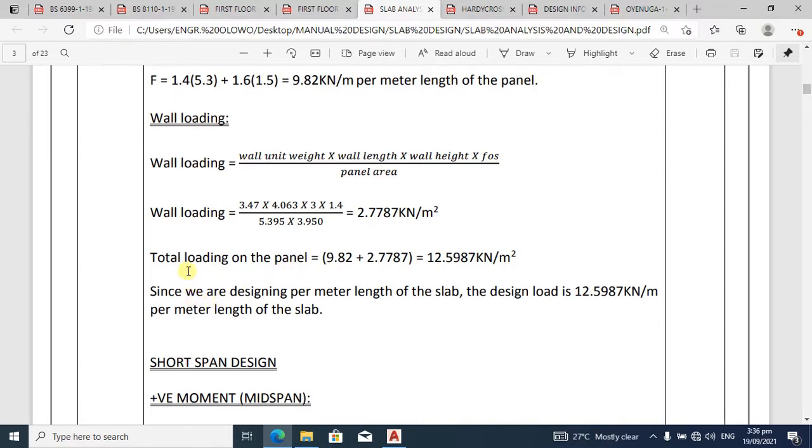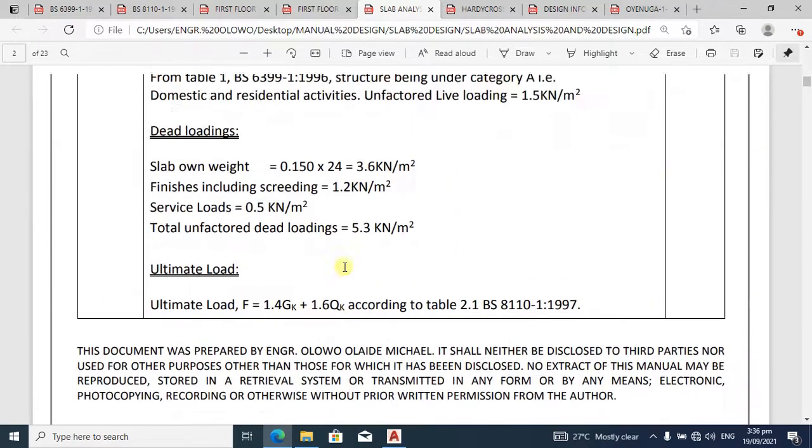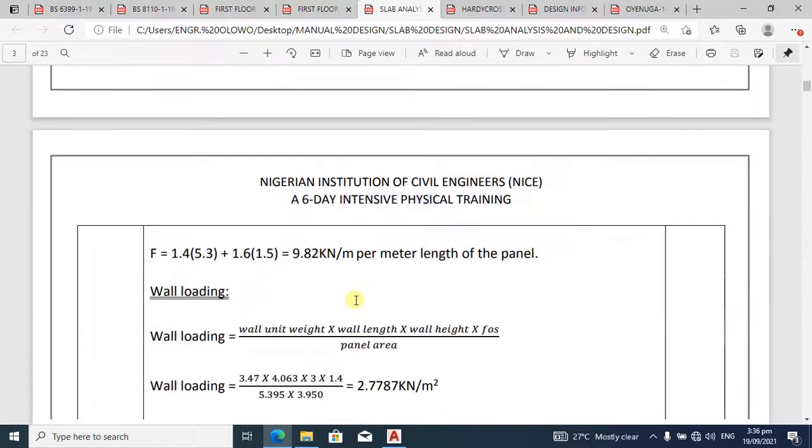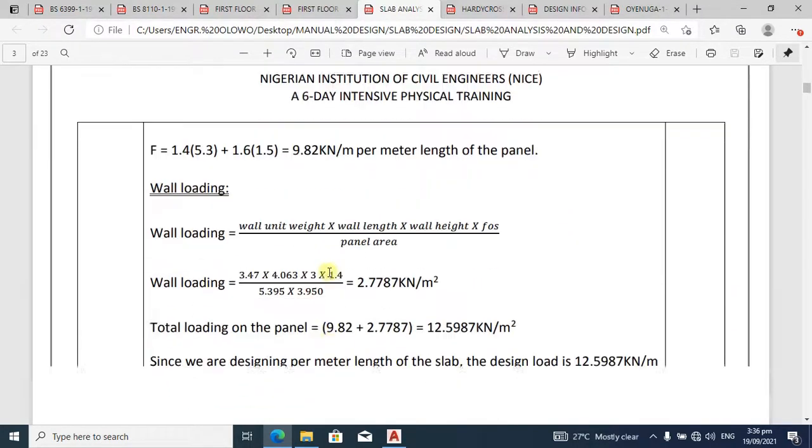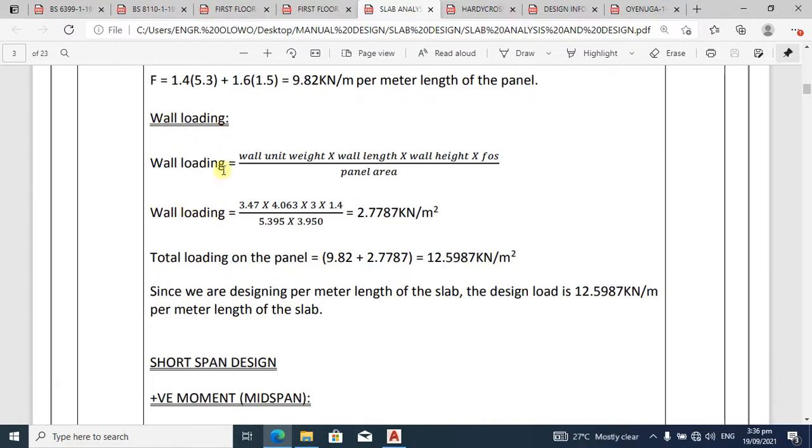Therefore, the total loading on the panel is going to be the addition of the initial loading, which is 9.82, can you see, 9.82, this value, plus this additional wall loading, which is 2.7787. The addition of these two will give you 12.5987.